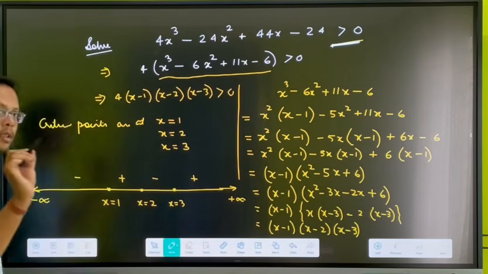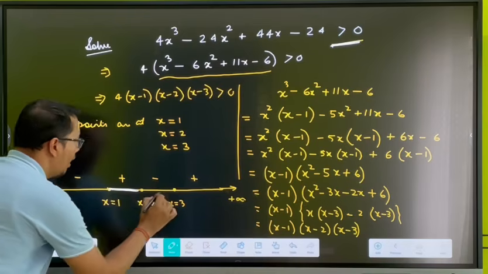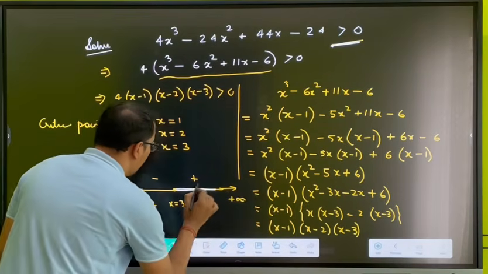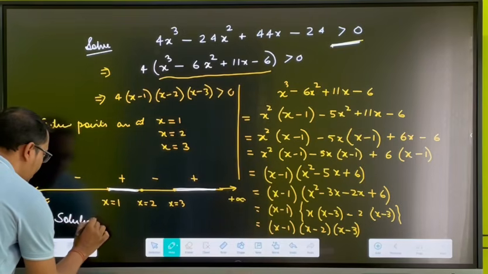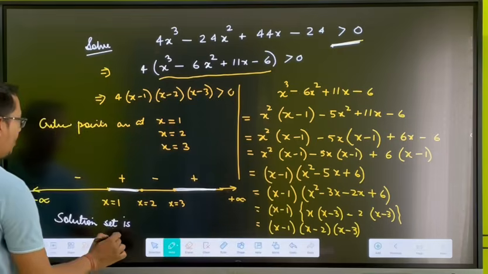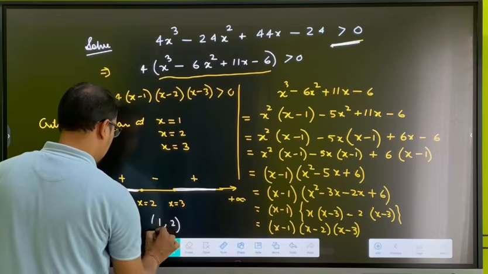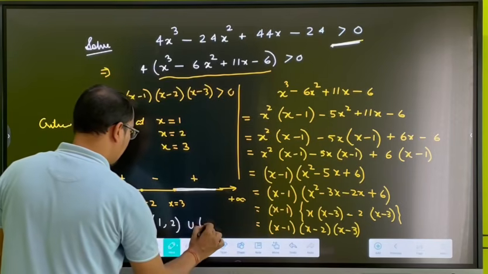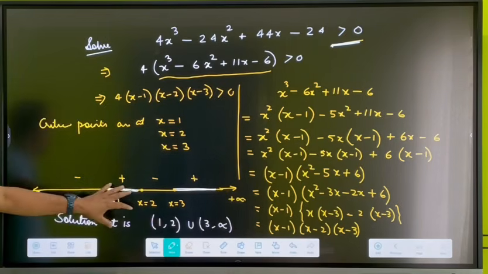The solution set will be the combination of this region and this region. So the solution set is (1, 2) union (3, infinity). Students, this is the solution set.